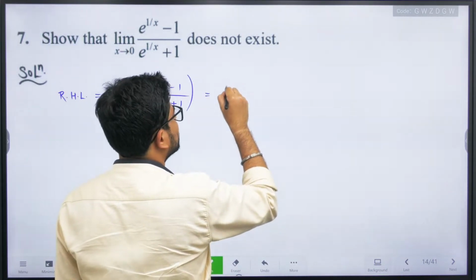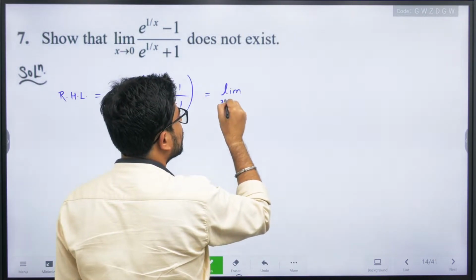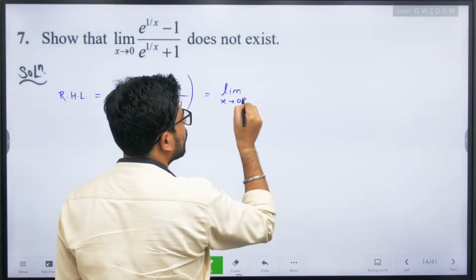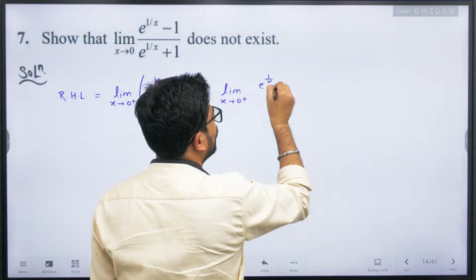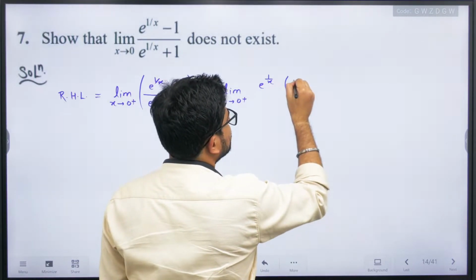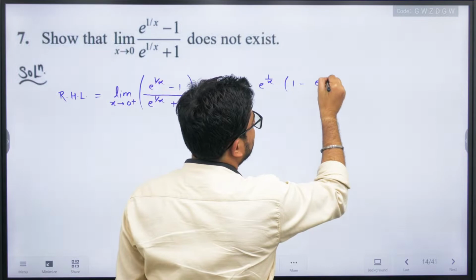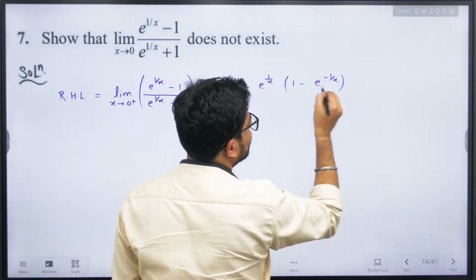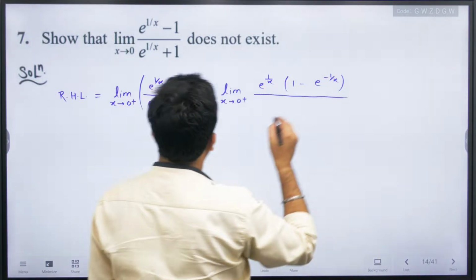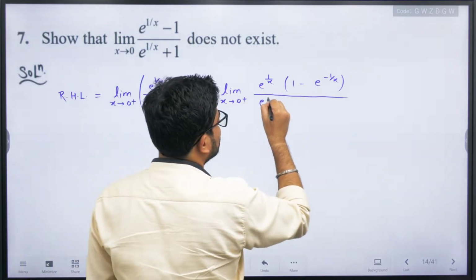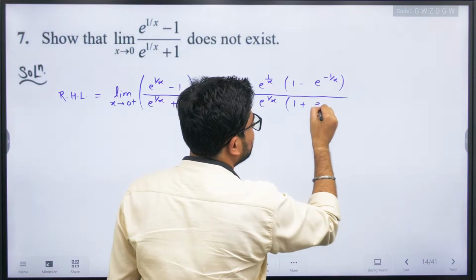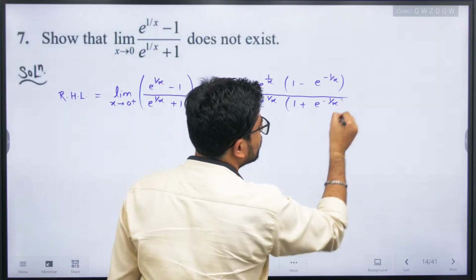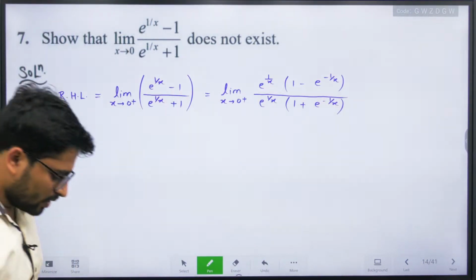So this thing is the limit as x tends to 0 plus of e power 1 by x times (1 minus e power minus 1 by x) divided by e power 1 by x times (1 plus e power minus 1 by x). Yes or no? So you can cancel what?